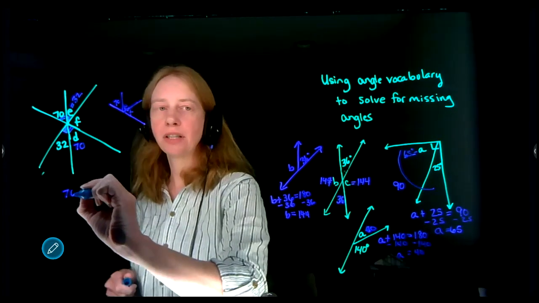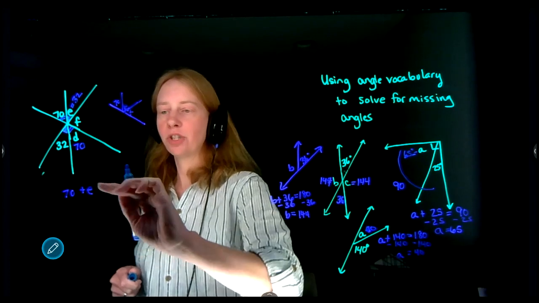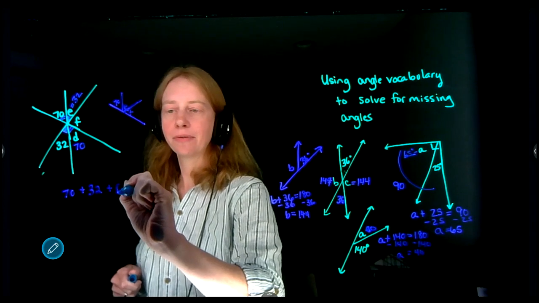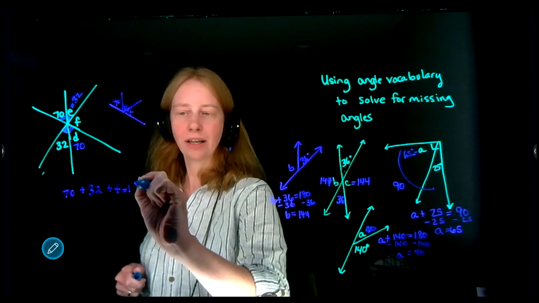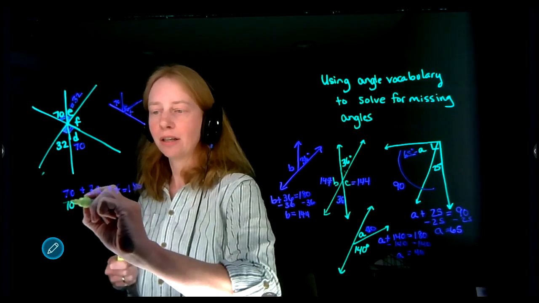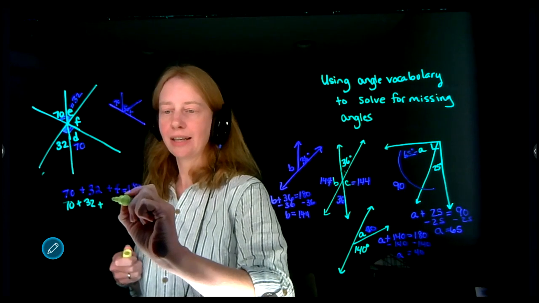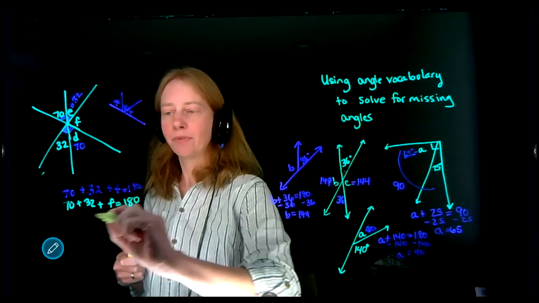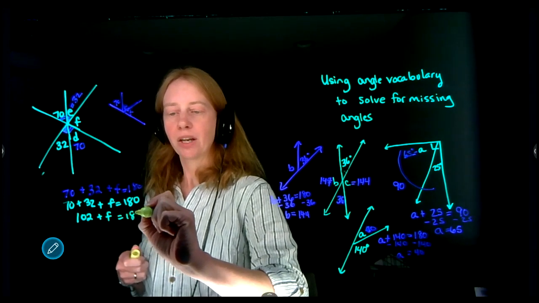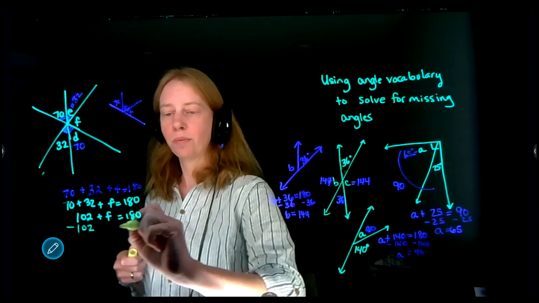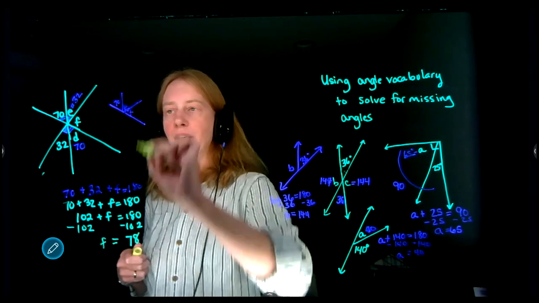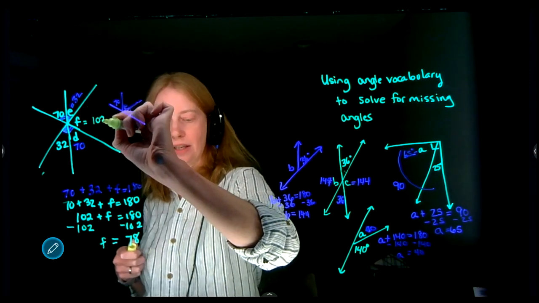So I'm going to do 70 plus E, which is 32, plus F equals 180. So 70 plus 32 is 102. And I'm going to subtract 102 from both sides. So I have 78 equals F. And so now I have solved this problem.